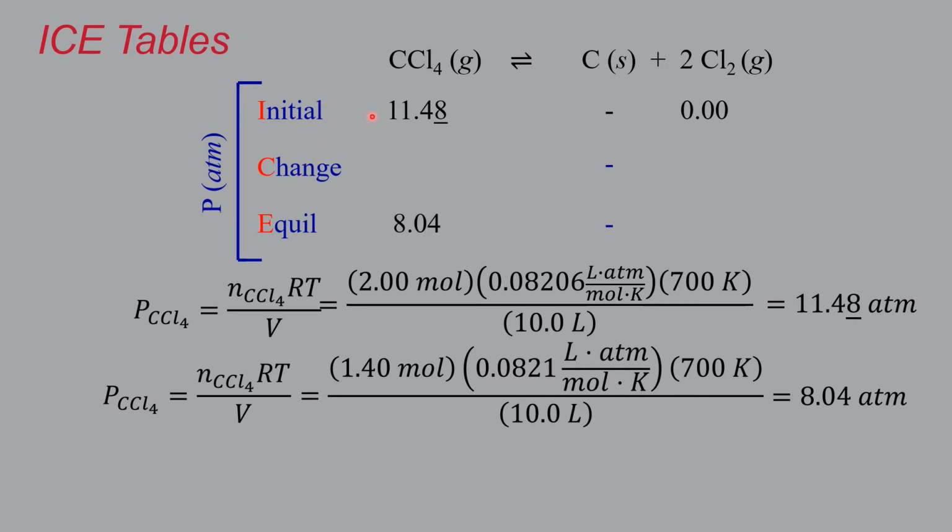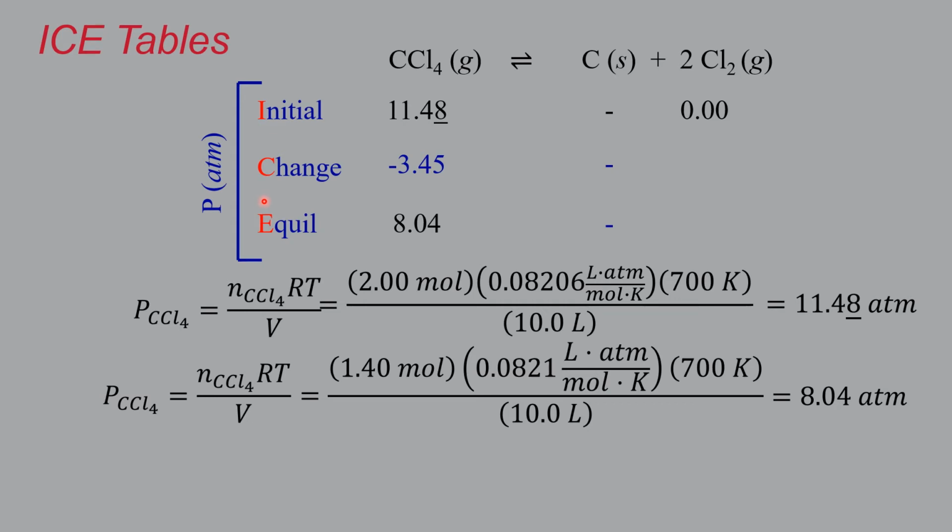Note, I kept an extra sig fig here just to minimize rounding error. That's basically all you can do with the information that I gave you initially, but you can still do quite a bit. Now, with these 2, we can figure out what the change was. It's going to be 11.48 minus 8.04. So that's going to be a drop of 3.45 atmospheres.